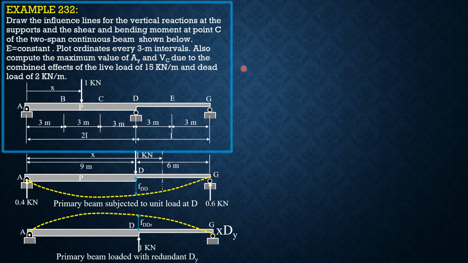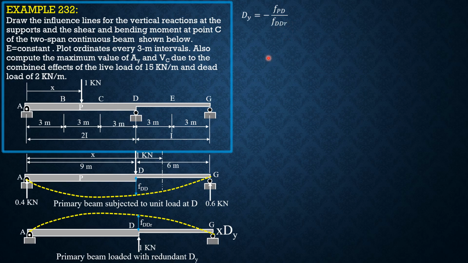So in general, ordinates for DY would be equal to negative F_DP over FDDR. So DY is negative F_PD or F_DP over FDDR.